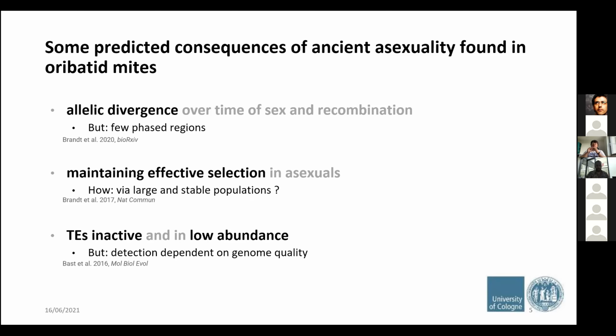Asexuals also show efficient selection in themselves, but we don't know their population size. And Dr. Jans in our lab also found that transposable elements are inactive and of low abundance. But he did that with unphased, low-quality pooled-sequenced genomes.